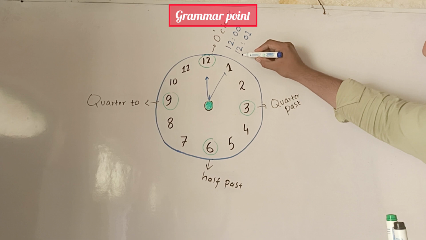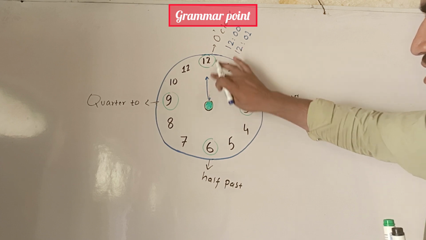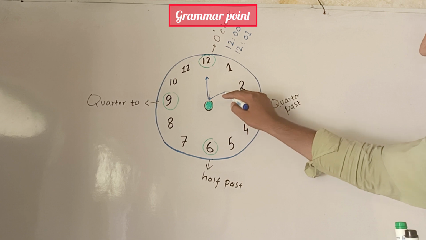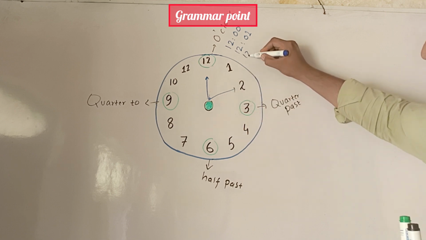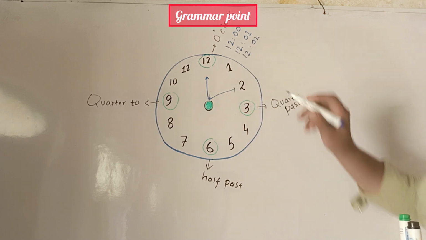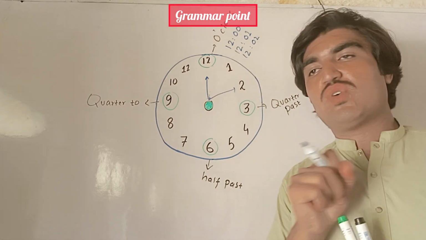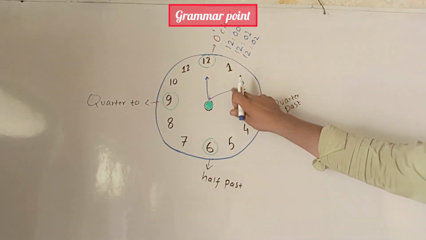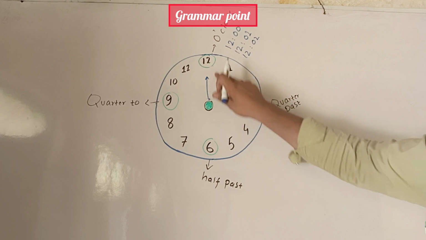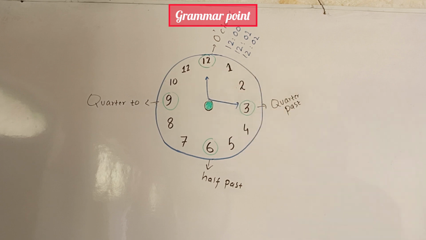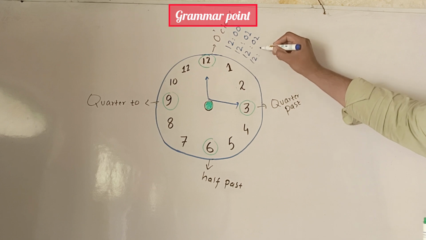Similarly, if the small needle is on the same point 12 but the large needle is on 2, we can say 10 past 12. Similarly, if the small needle is on 12 but the large needle is on 3, it would be like this.